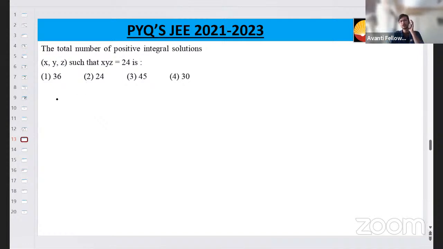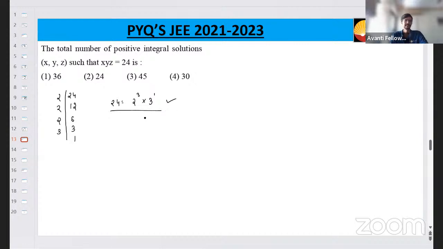So in such questions, what do we do? We prime factorize 24. So 2, 12, 2, 6, 2, 3, 3, 1. So I can write 24 as 2 raised to the power 3 into 3 raised to the power 1.